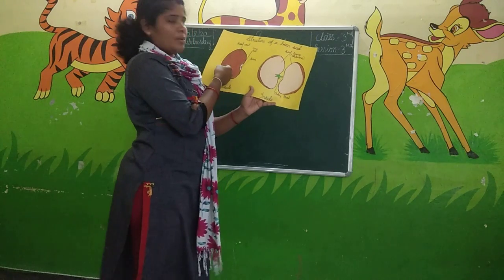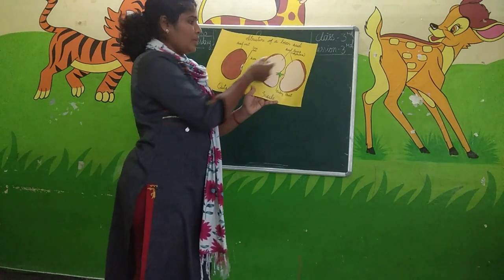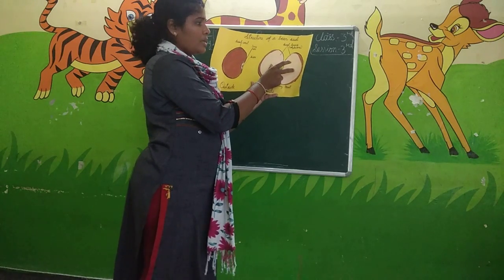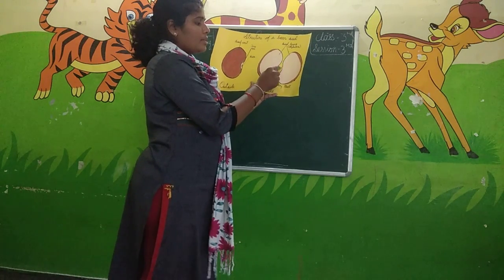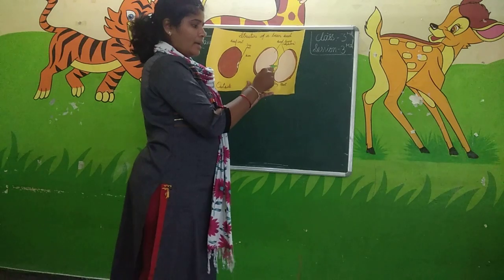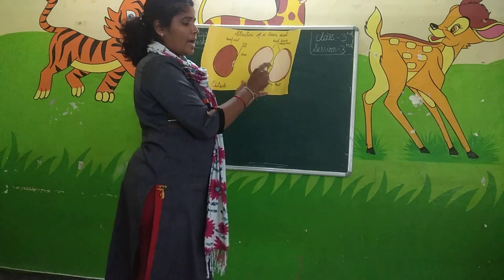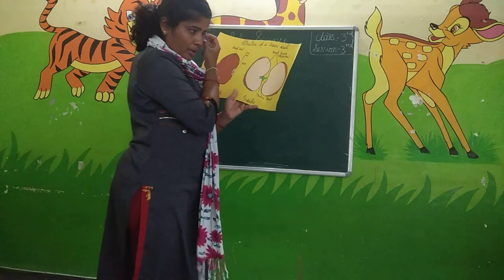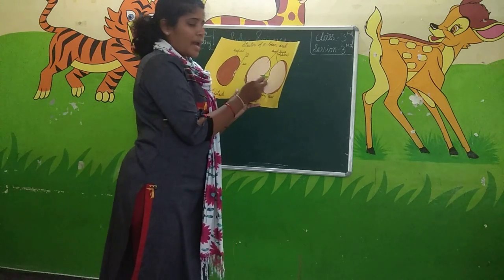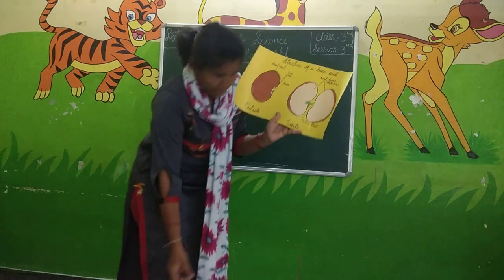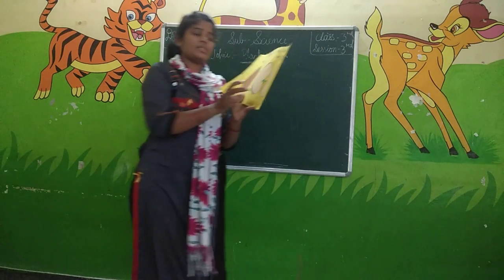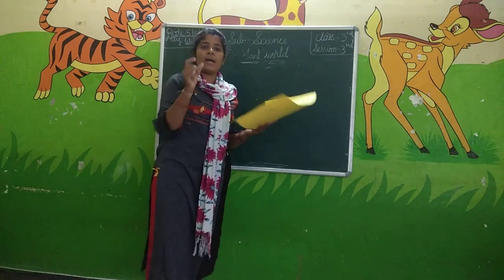This is the seed coat and these are seed leaves, cotyledons, and here is the baby plant, which includes the baby shoot and baby root. From this only the plant will grow. This is the case of two cotyledons, meaning the seed has two parts.